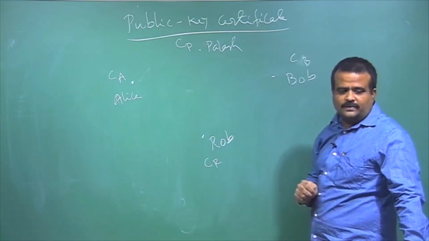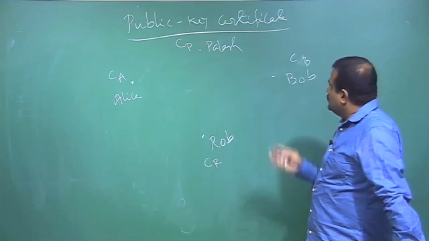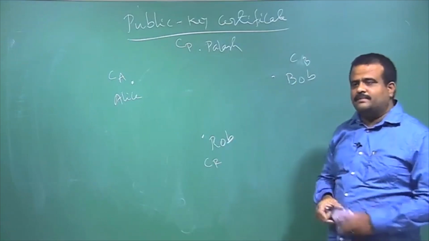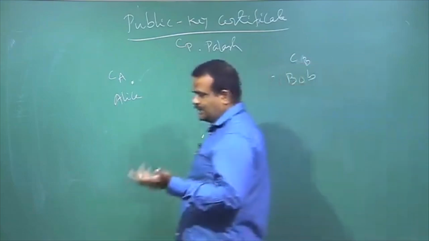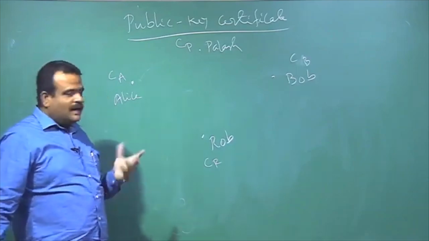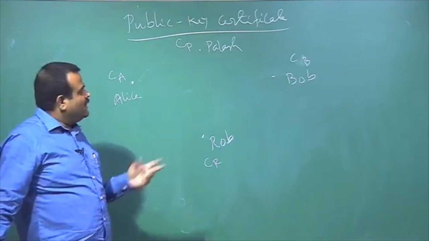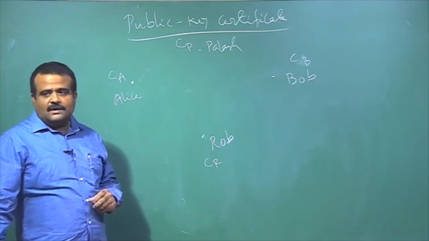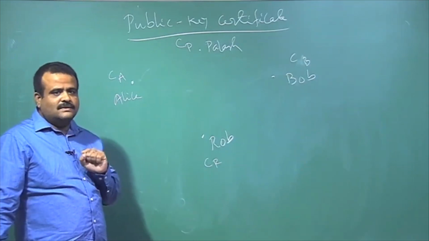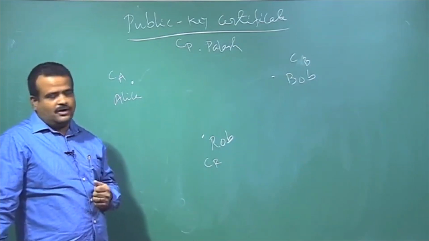This was issued by the trusted party or the authority when I ask for the certificate, and this certificate contains the timestamp, the validity of the certificate, how long it is valid, and also the ID of the participant and the public key of that participant, and it is digitally signed by the authority.